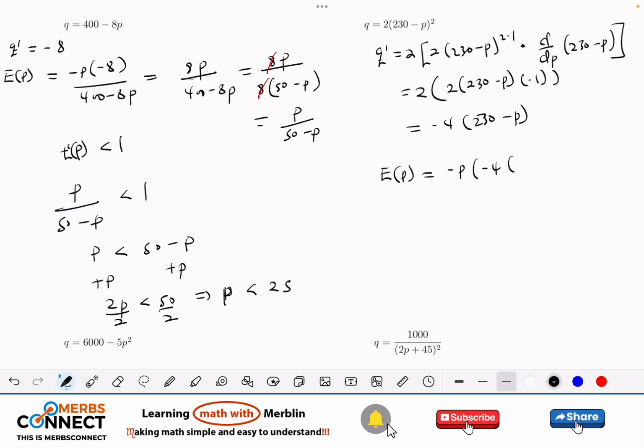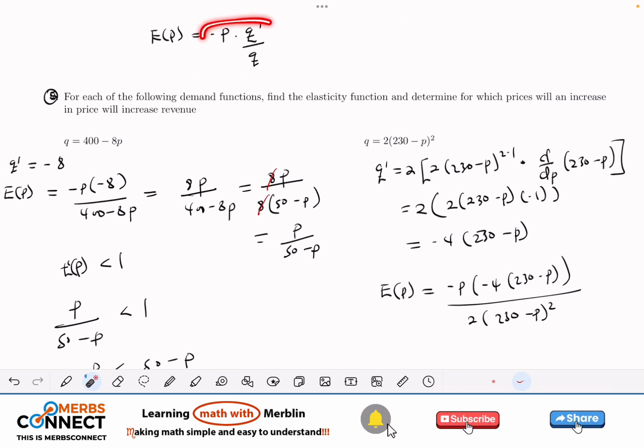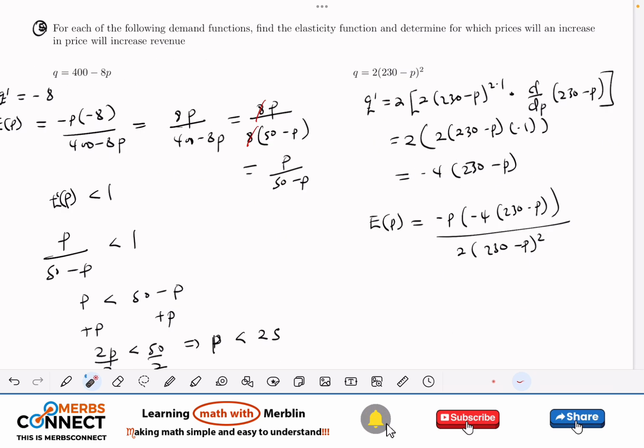So 4, 230 minus P divided by Q, which is 230 minus P squared. That's what we need based on the formula: minus P Q prime divided by Q.